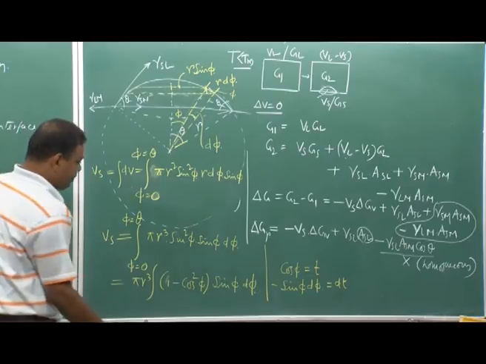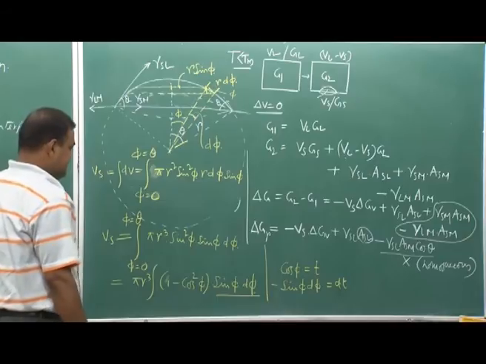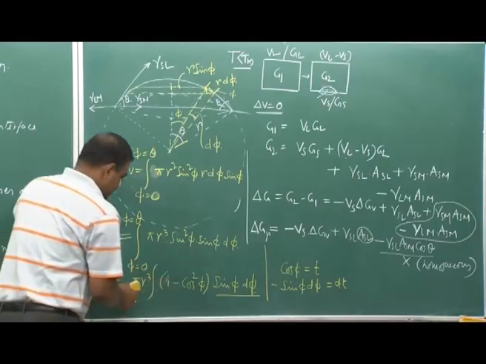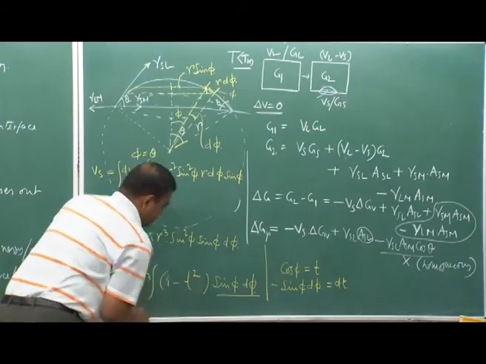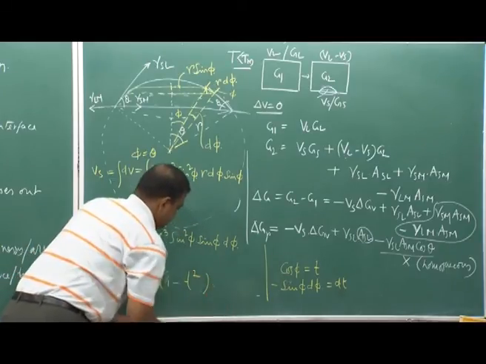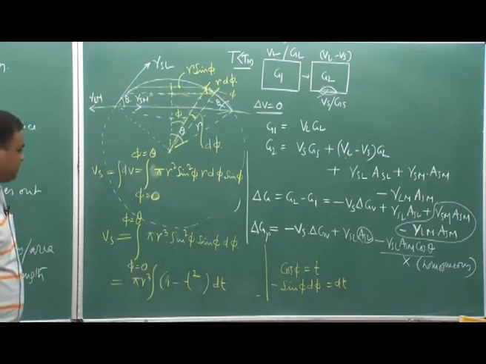So, I can replace this one with dt and this one as t. So, if I do this particular adjustment, this becomes much simpler.